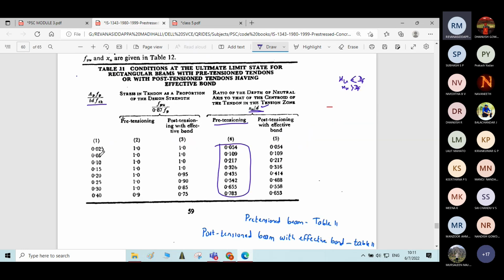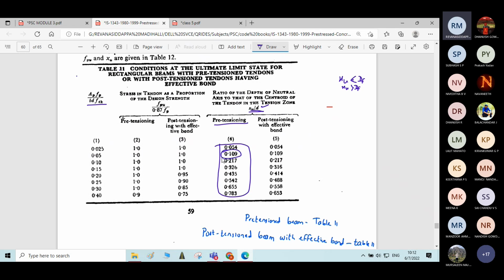Here we have the value for 0.05 and we have the value for 0.10, so by interpolation we have to find the value for 0.098. For 0.05, we have the value of xu by d as 0.109.